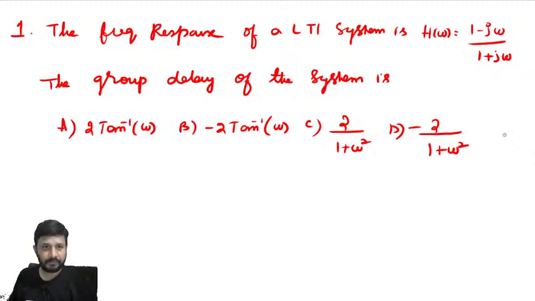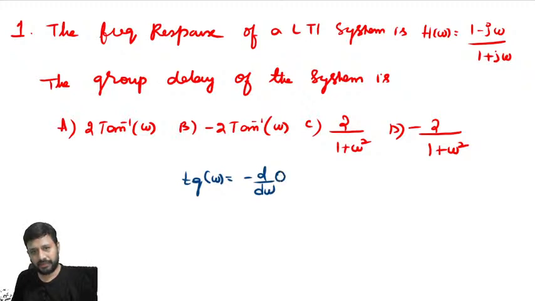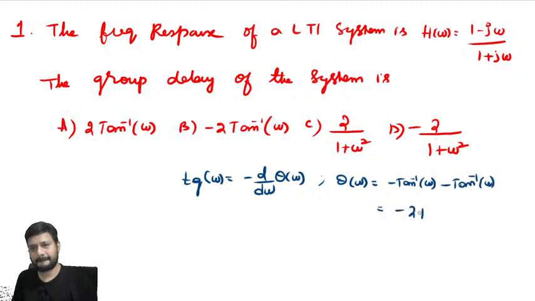Josna Reddy, C. See, first of all, what is the expression for group delay? It is minus d by d omega of theta of omega. Now get the phase and differentiate. What is theta of omega? It is the phase of the numerator minus the phase of the denominator. Phase of the numerator is minus tan inverse of omega, minus the phase of the denominator, which is tan inverse of omega, giving minus 2 tan inverse of omega.